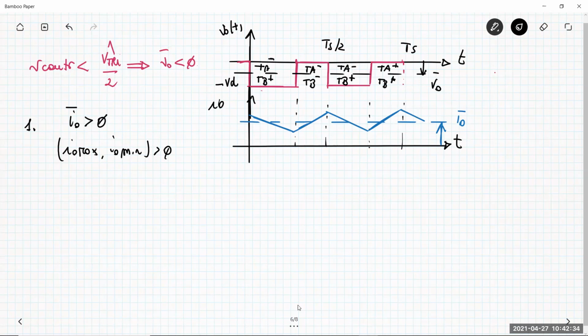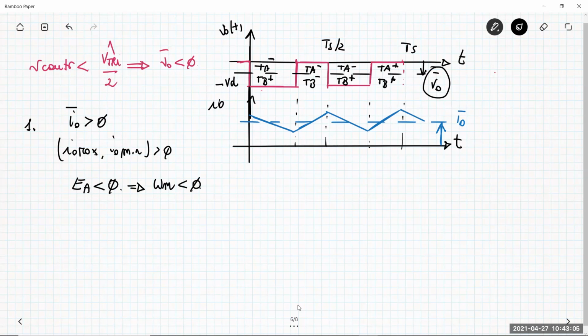It is the difference between the average value of V naught and the back EMF that can be modulated. And since the average value of V naught is negative, it means that also the back EMF should be negative. So in that situation, the motor is rotating, let's say, counterclockwise. So the direction of the rotor is exactly opposite as before.